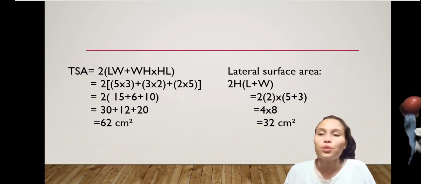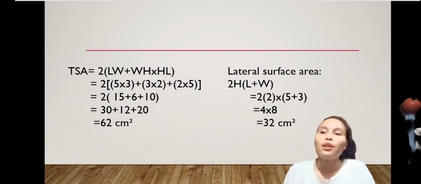We need to distribute the 2 inside the parentheses first: 2 times 15 equals 30, 2 times 6 equals 12, then 2 times 10 equals 20, and then add it all. The answer is 62 square centimeters.